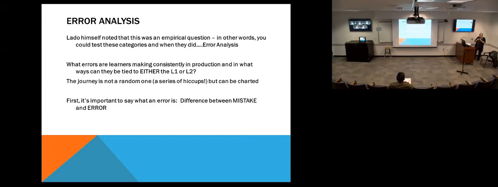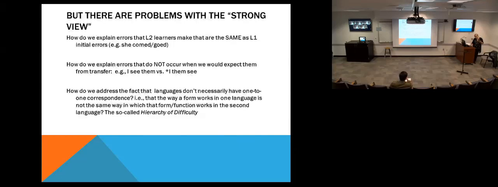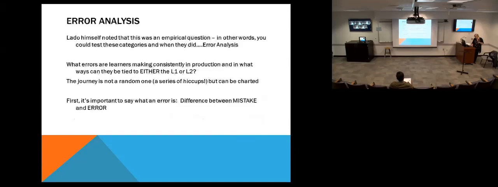Lado himself, who was the guy that did this, said, this is an empirical question, meaning if contrastive analysis is true, we should be able to see it in our students' errors, right? And he said, let's go ahead and do this.